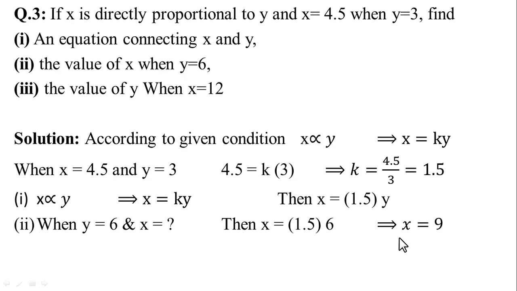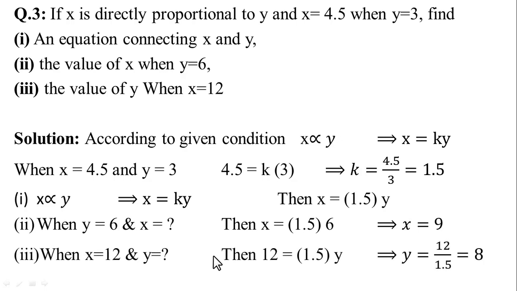Now in the third part, find the value of y when x is equal to 12. Now in the third part, x is equal to 12 and y is equal to question mark. Putting in the given relation x is equal to ky, the value of x is 12 and the value of k is 1.5.